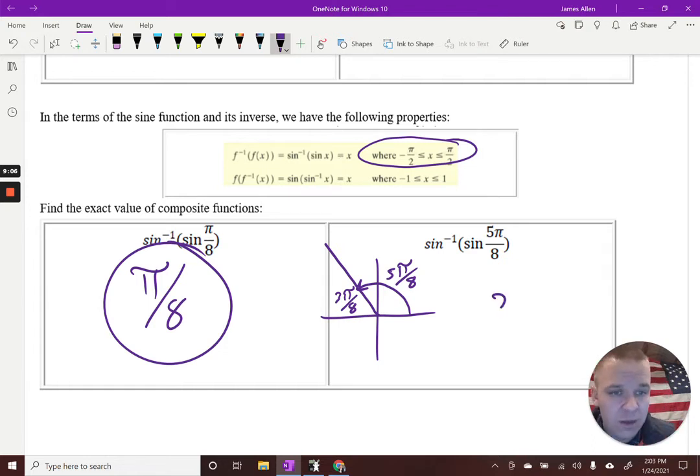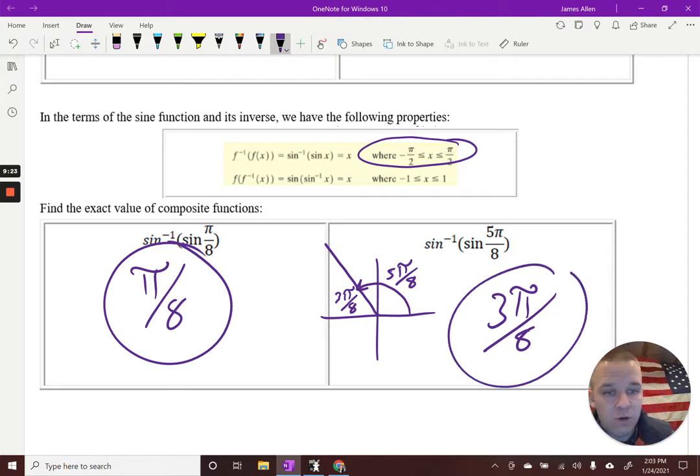So really, sine of 5 pi over 8 and sine of 3 pi over 8 give me the same answer, okay? So since 3 pi over 8 is between negative pi over 2 and pi over 2, I can use that, and boom, 3 pi over 8 would be my answer here, right? So I can still think of it as almost the signs canceling, but I've got to be careful with that angle that's in there to make sure that it's within those restrictions.